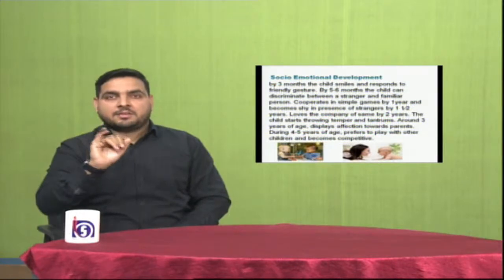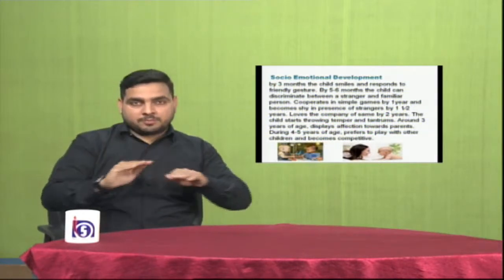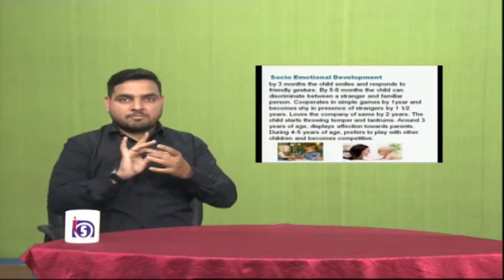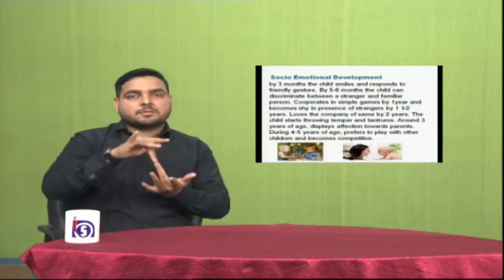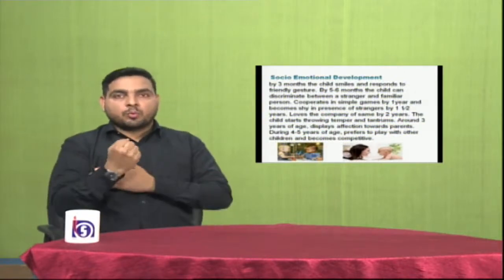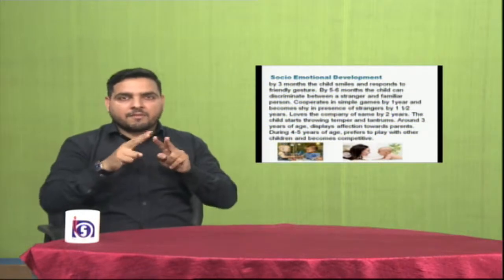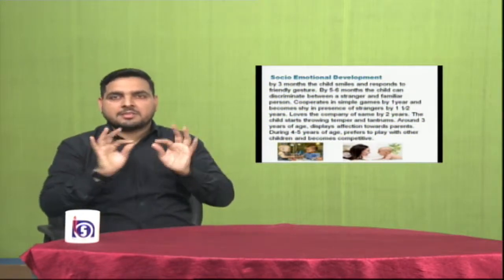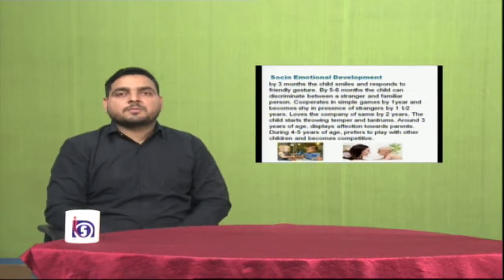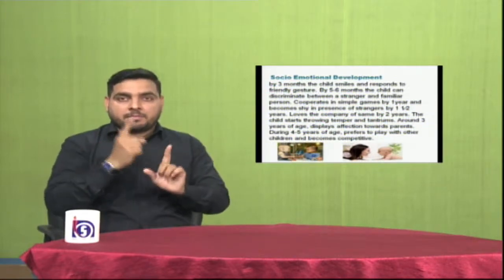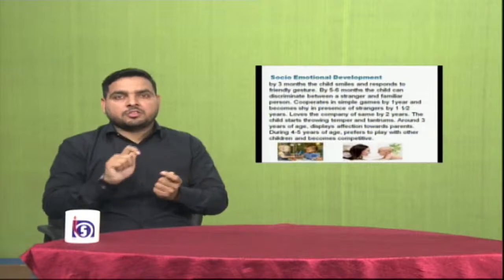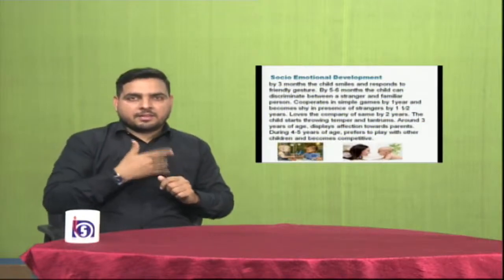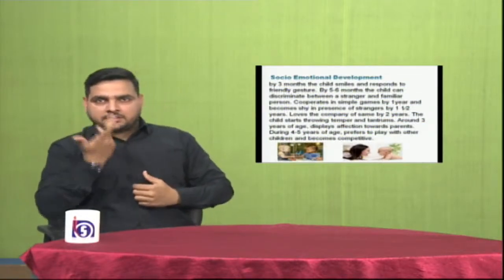By 5 to 6 months, the child can discriminate between a stranger and a familiar person, cooperates in simple games. By 1 or 2 years, becomes shy in presence of strangers.